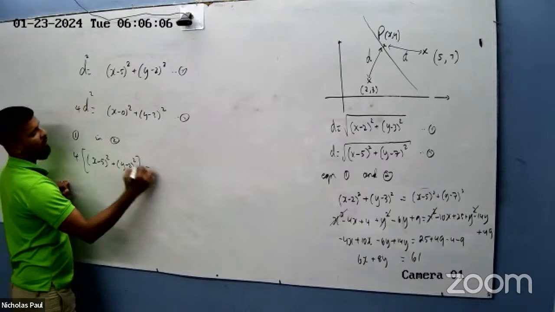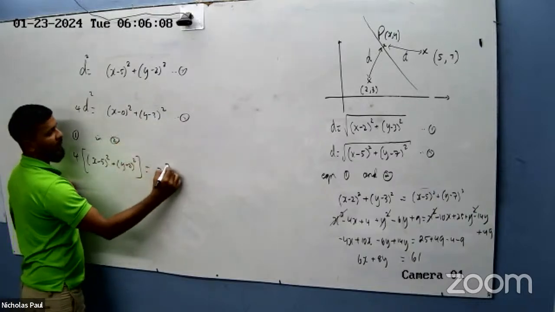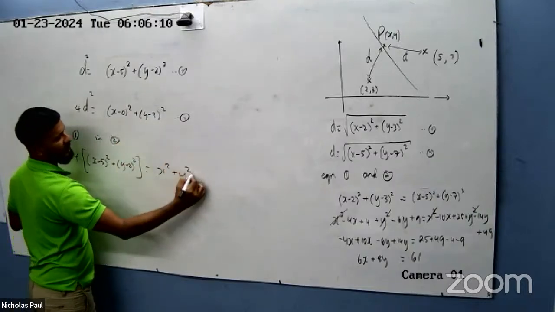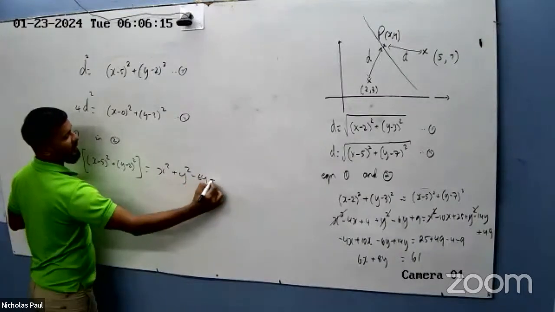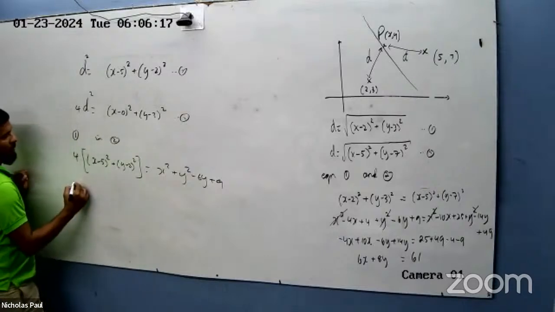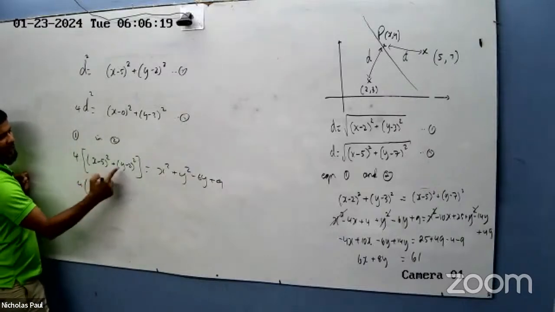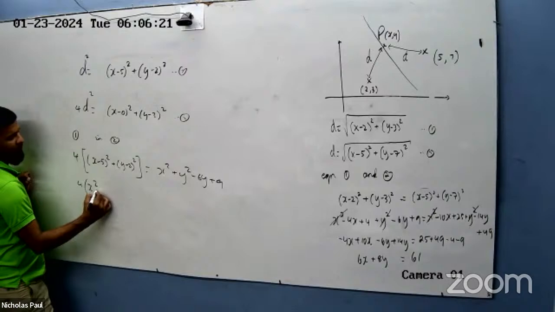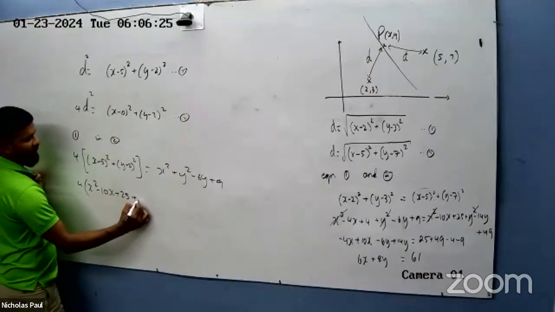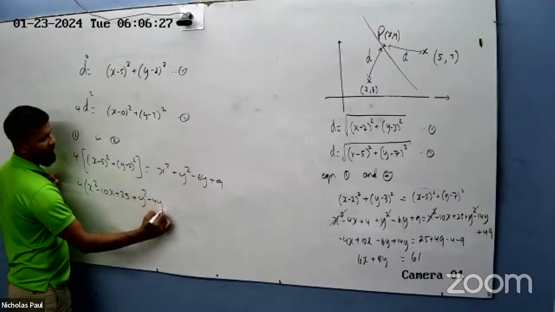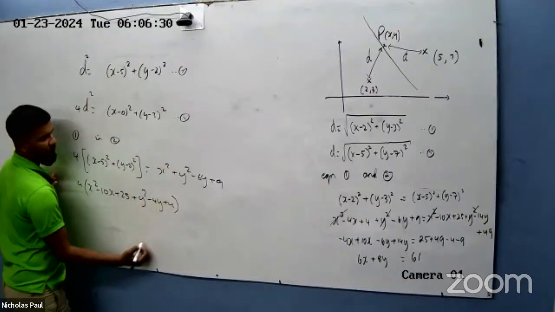It's equal to this here: x squared plus, expand it one time, y squared minus 6y plus 9. So it's 4y, I've got to multiply out here: x squared minus 10x plus 25 plus y squared minus 4y plus 4.